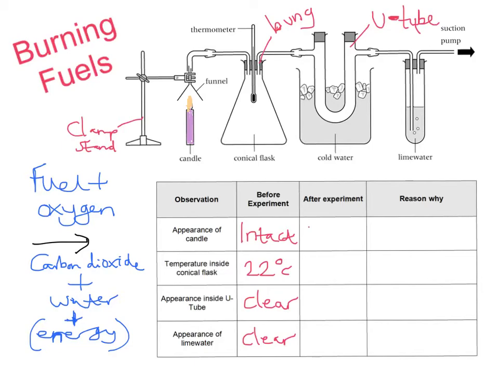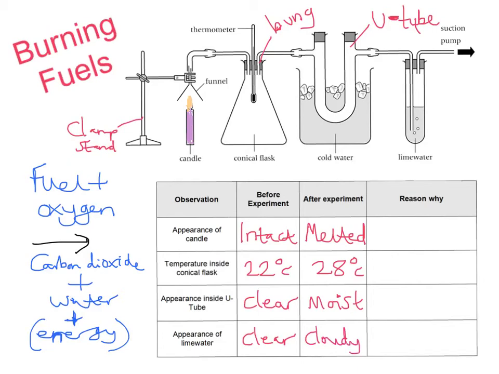So we'll write in melted. I'm going to do the last column, the reason why, once we put all these four in place. The temperature in the conical flask might be, let's say 28, will have risen. If we look inside the U tube, we should notice that it appears almost wet, moist inside. There should be some vapours within that U tube, and the lime water will have gone cloudy.